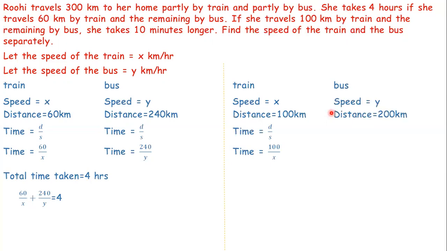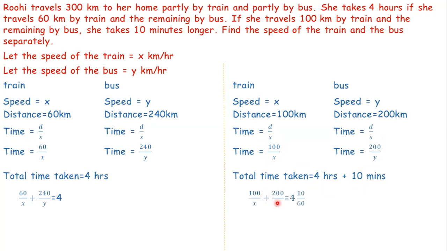Distance is 200 km. So time is equal to distance by speed, that is 200 by y. So total time taken is 10 minutes longer. In the previous case, she has taken 4 hours. Now 10 minutes longer, that is 4 hours plus 10 minutes. Time taken to travel by train plus time taken to travel by bus is equal to 4 hours 10 minutes.